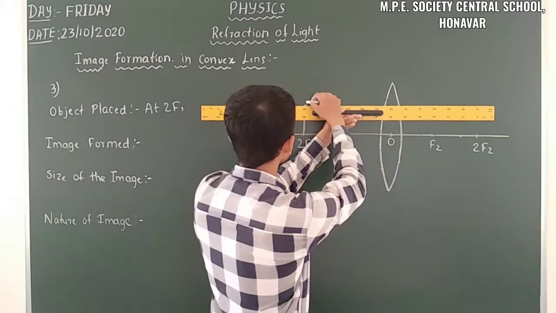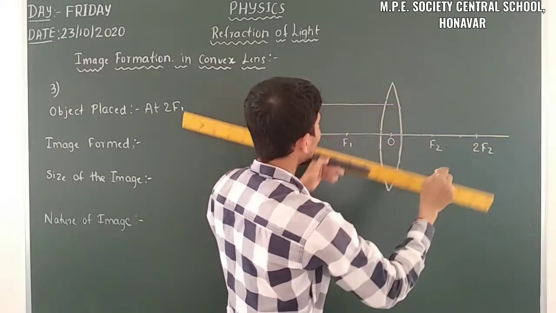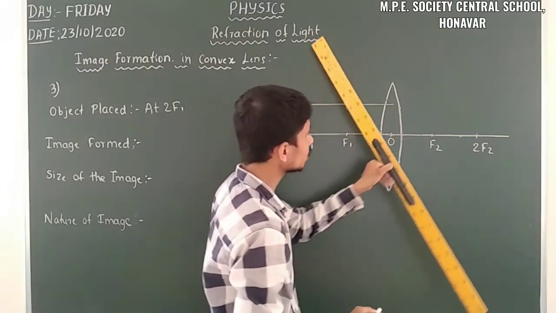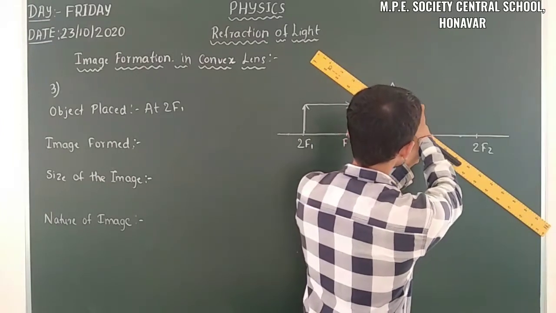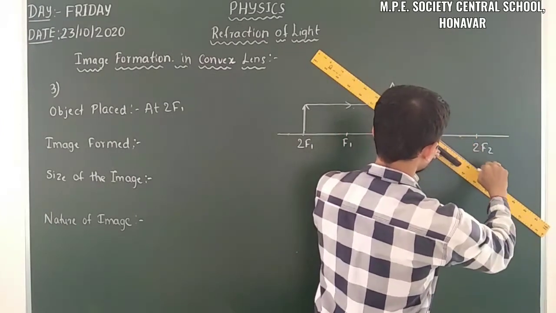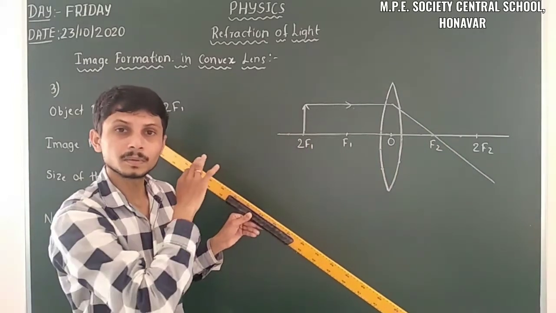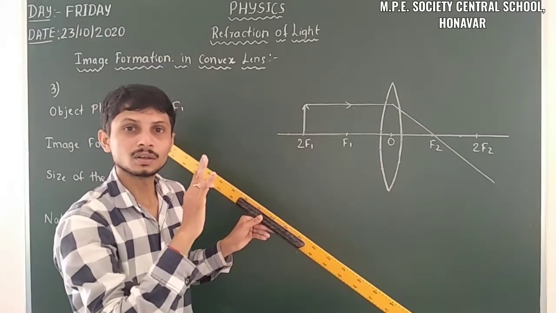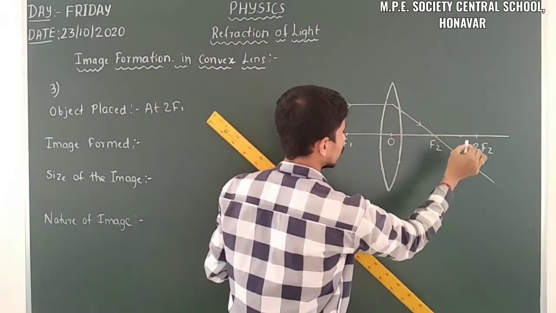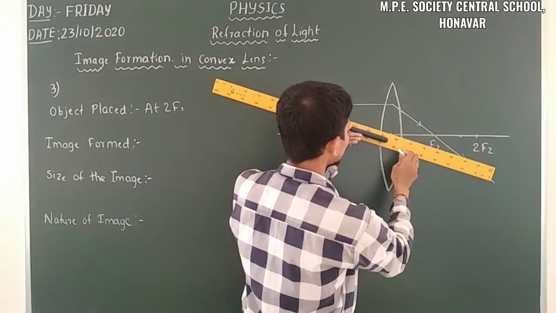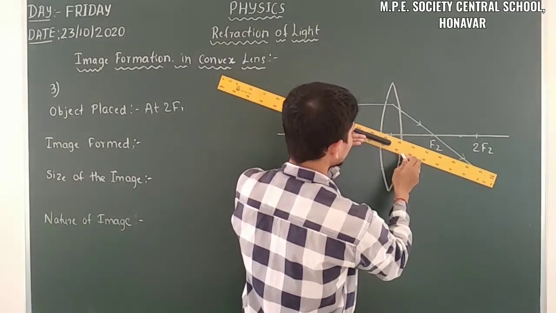One is parallel to the principal axis, and after refraction it passes through the focus, the principal focus. Then another ray we have to consider, it passes through the optic center. So here we have to draw the arrow mark, and then another ray which passes through the optic center here.